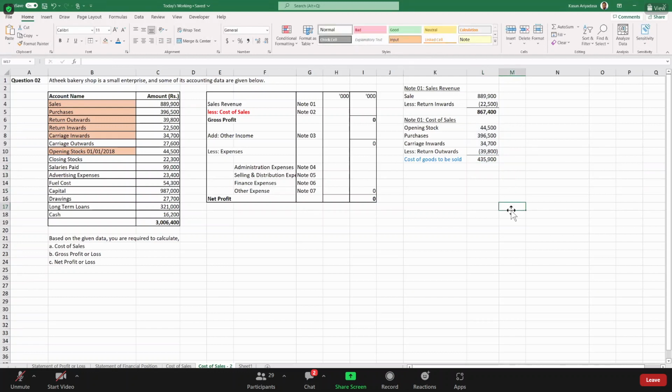Then we have to deduct, less closing stock, the remaining stock.